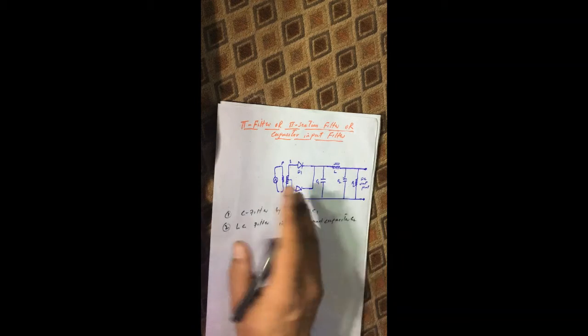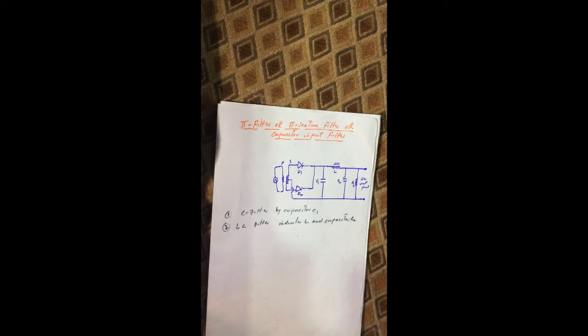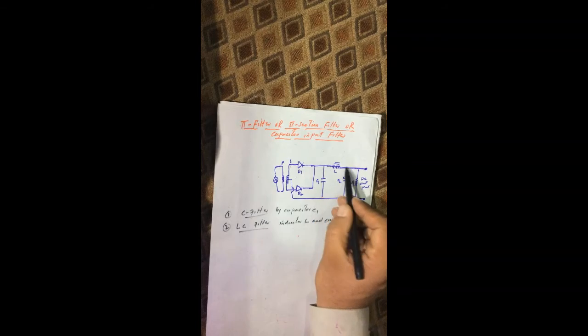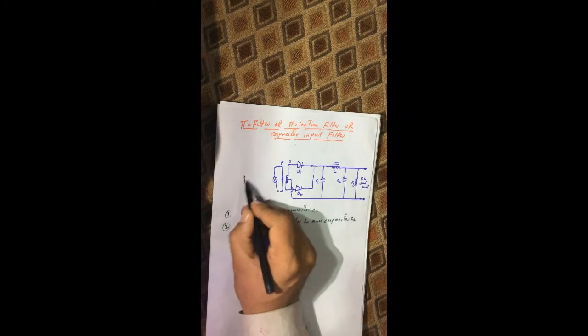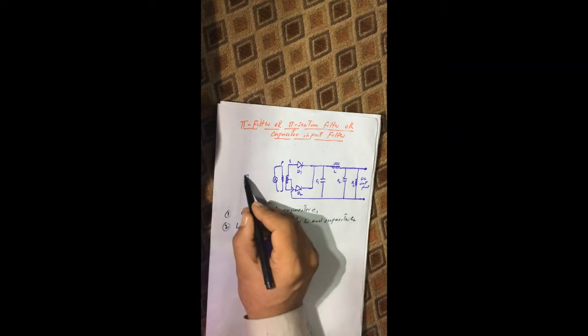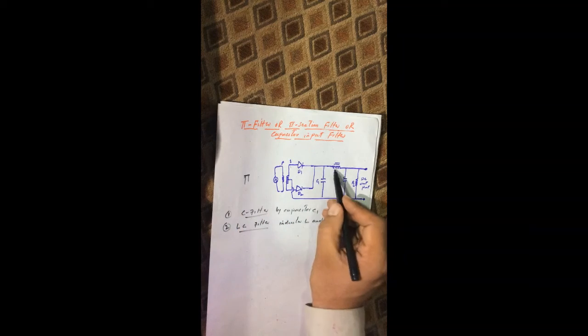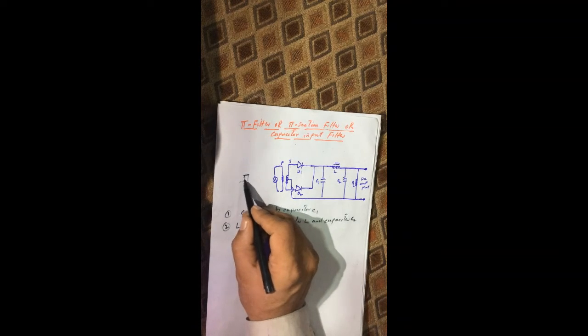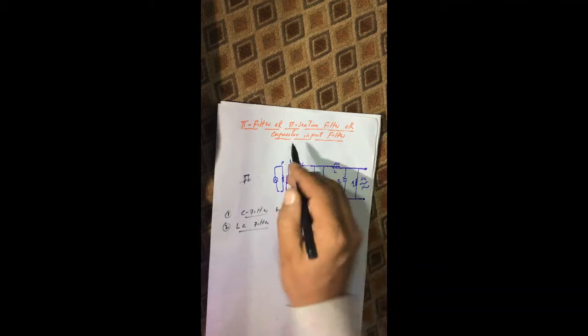So it's a combination of capacitor filter and LC filter. And its shape is like pi. Pi is like this. So this is the inductor and these are the capacitors. So that's why we call it pi filter.